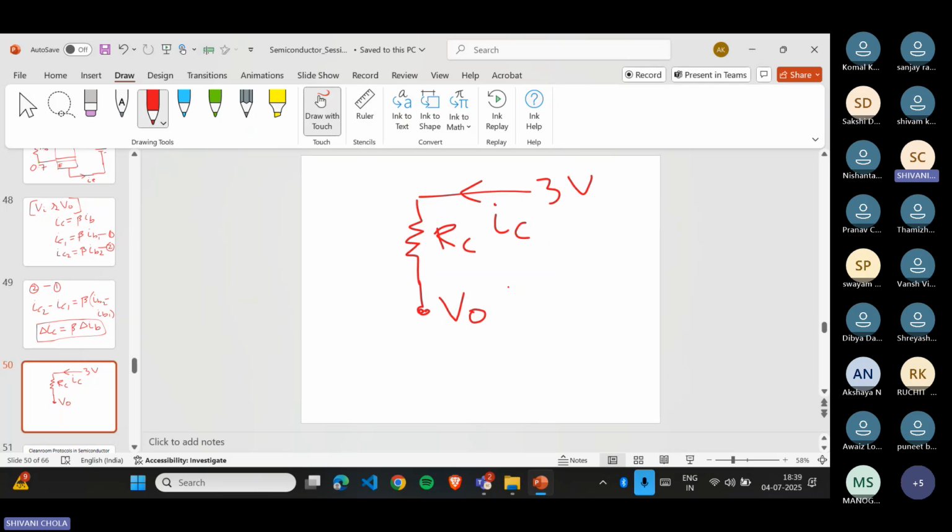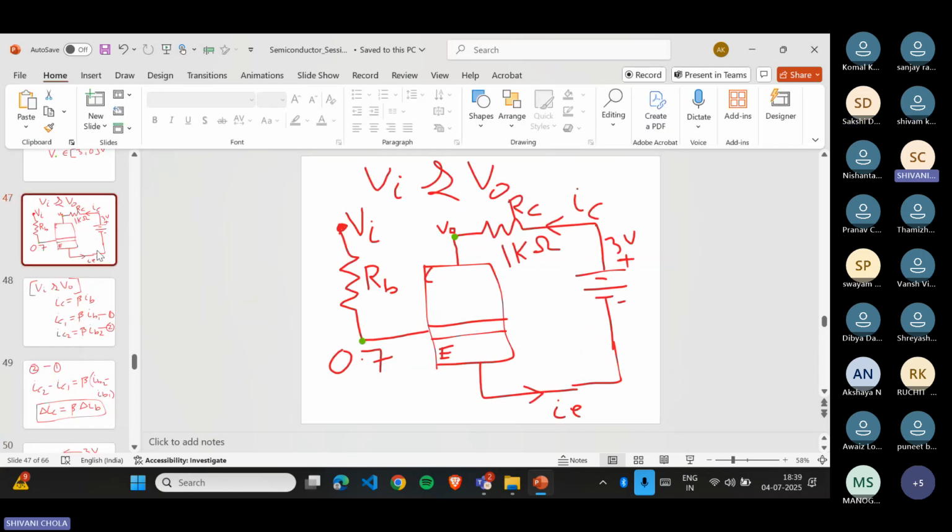So 3 volt minus VO, the potential difference delta V, equals I into RC, right? So IC into RC. Okay, clear?